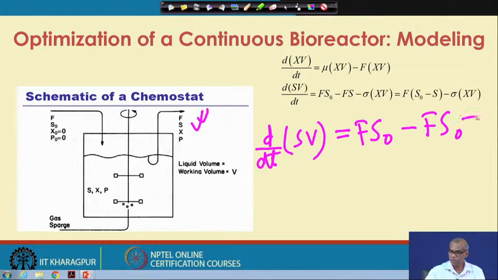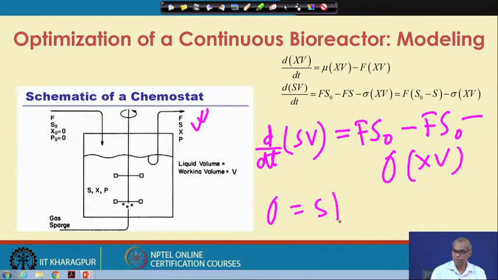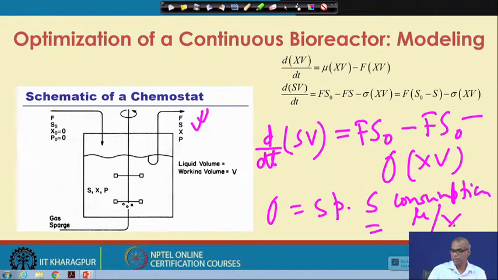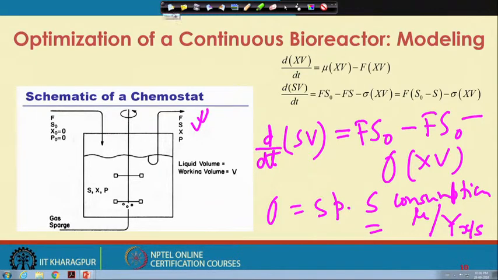So, that will be sigma into xb, where sigma is the specific substrate consumption rate, and this is equal to the specific growth rate divided by yield of cell mass per substrate. So, this is how you get the second equation, which can be rearranged and you get this.